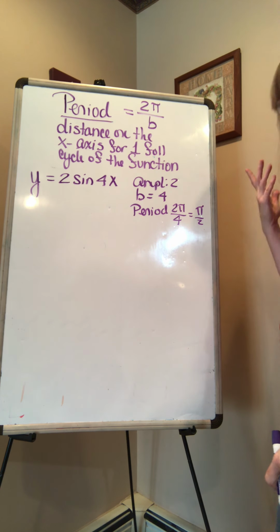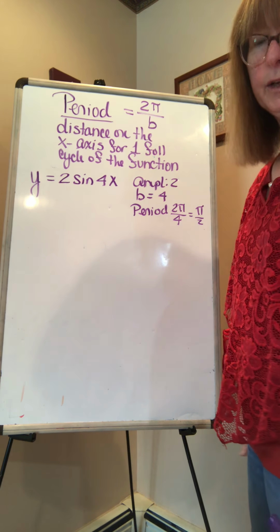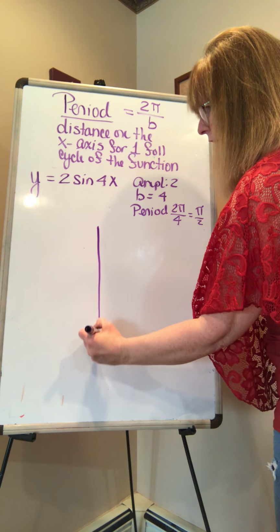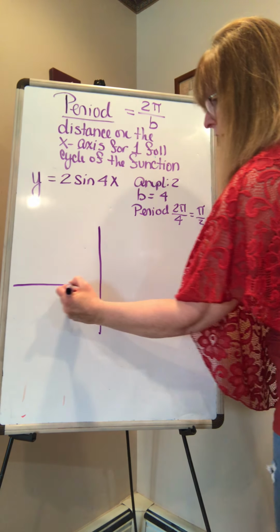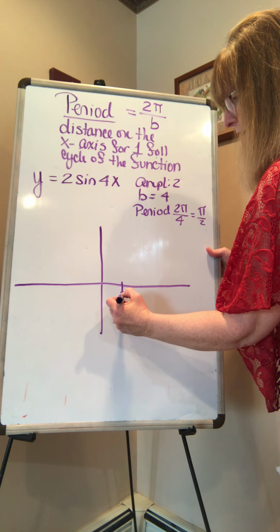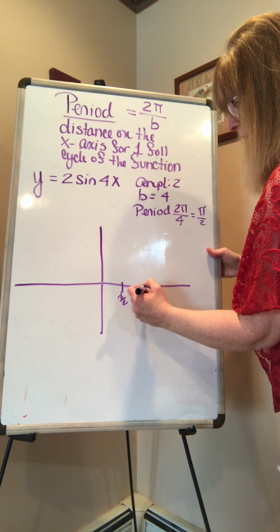So by 90 degrees, I have a full sine, which means I'm going to see 4 full sine curves. Because if here's 90, there's a full curve.